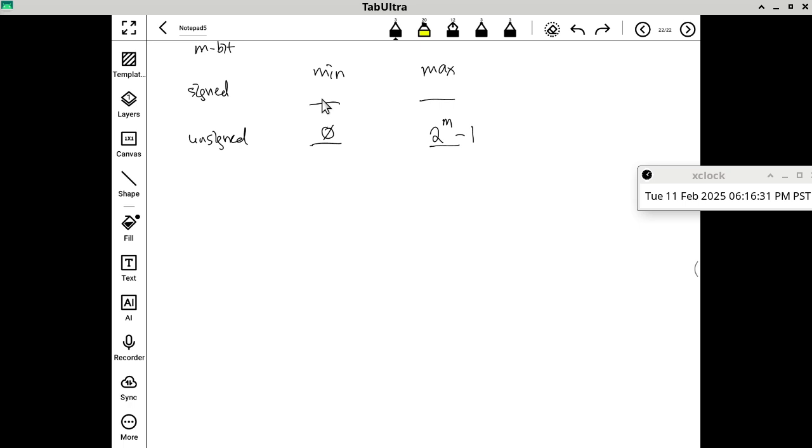It's a very simple math problem. On one side, you have 1 times whatever bit, plus whatever bit times 2, plus whatever bit times 4, and so on. And then suddenly you have a minus whatever bit times 2 to the power of m minus 1. So how do you make the most negative value of the entire thing?